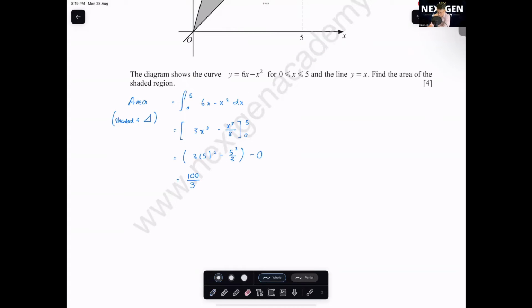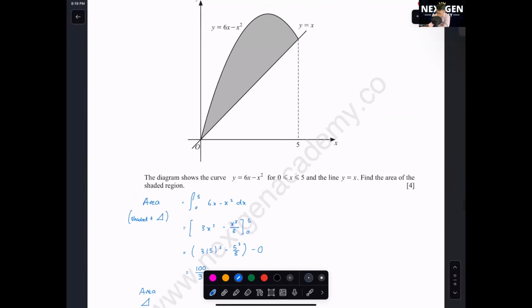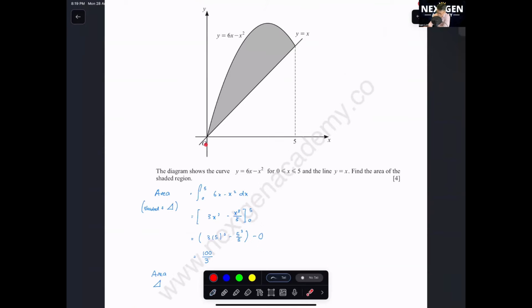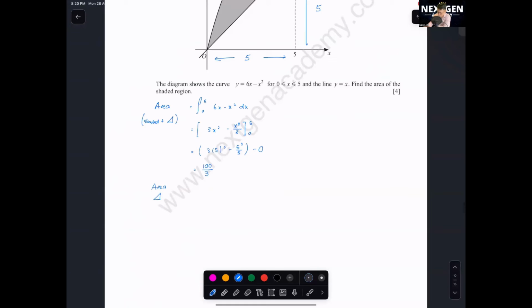Second one, the area of the triangle. If you see the area of the triangle, do I have the units? I have my base is 5. Do I have my height? They say y is equal to x, right? So actually here is also equal to 5. So this point is actually 5, 5. So here is 5, here also is 5. So I can just use half times base times height.